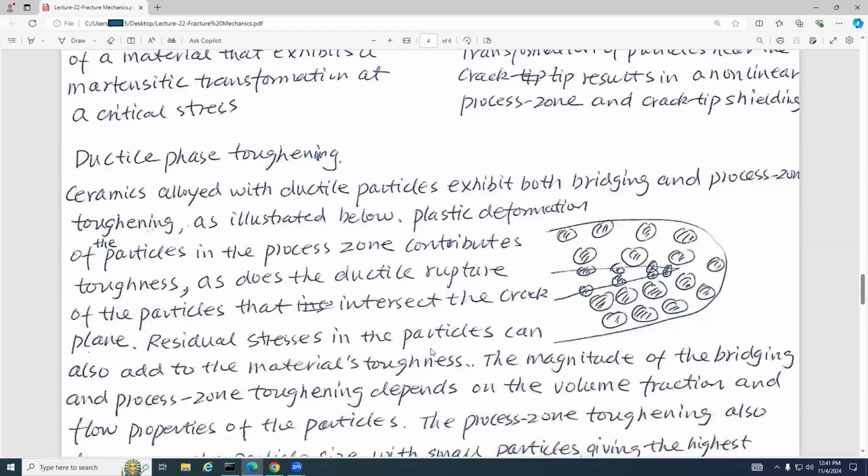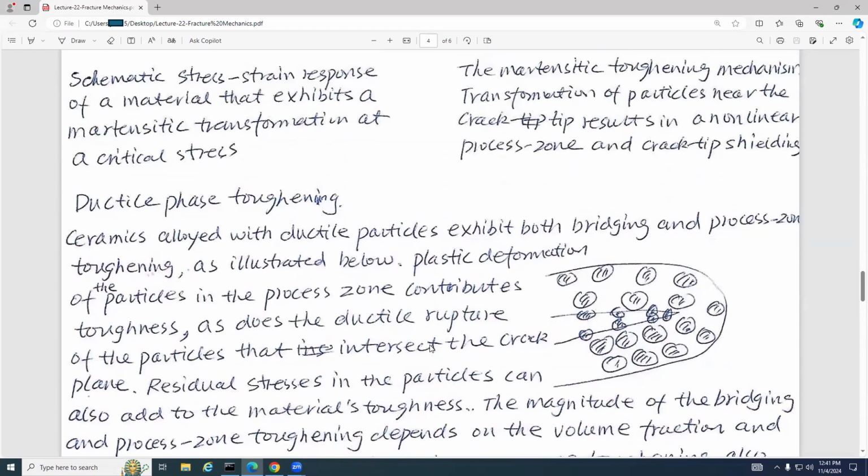The third toughening mechanism is called ductile phase toughening. Ceramics alloyed with ductile particles exhibit both bridging and process zone toughening. You can see we have the crack tip, and in front of it, in the neighborhood, we have these particles, so this is process zone toughening.